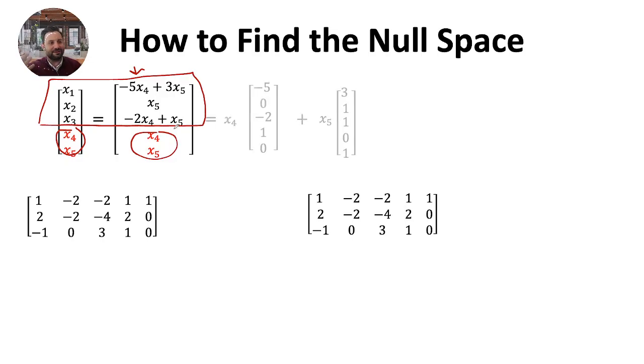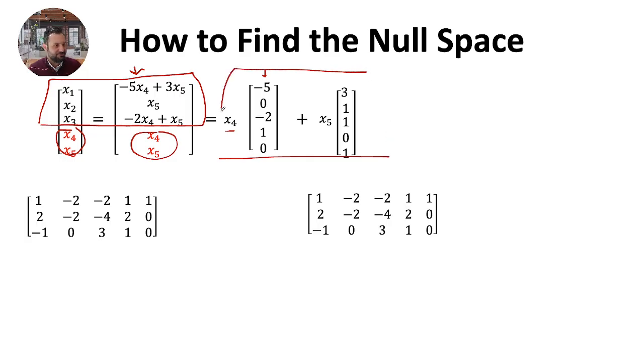So I can write it as x4 times this plus x5 times this. You see, when I make this happen, negative 5x4 plus 3x5 is the first row, and 0x4 plus x5 the second row, and so on. So this gives me the form of x's that give me 0.